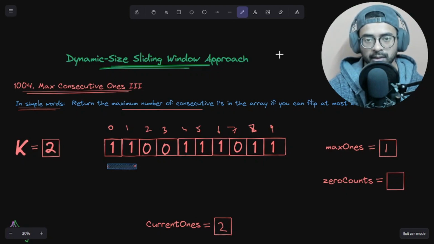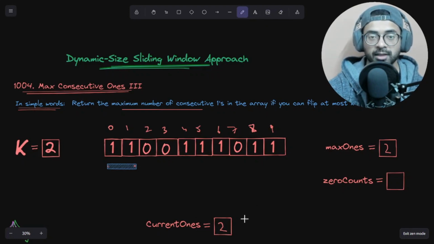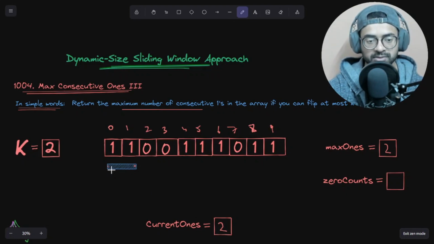Okay, no worries, let's update it. Yeah, so here we have 2, which means at the moment we have found a subarray where there are at most 2 ones. And current ones means the current window is also containing 2 ones.